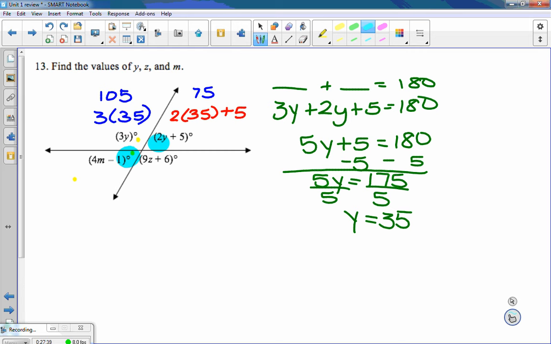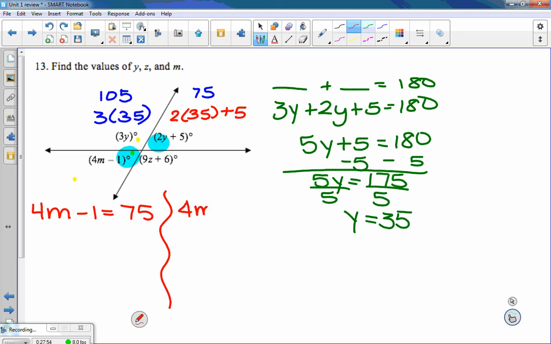So you could have set it up as 2 possible problems. You could have said 4m minus 1 equals 75 because they're vertical, or you could have done Sonia's way and 4m minus 1 plus 105 equals 180. Either one gives you the same exact answer. Don't care which one you pick.